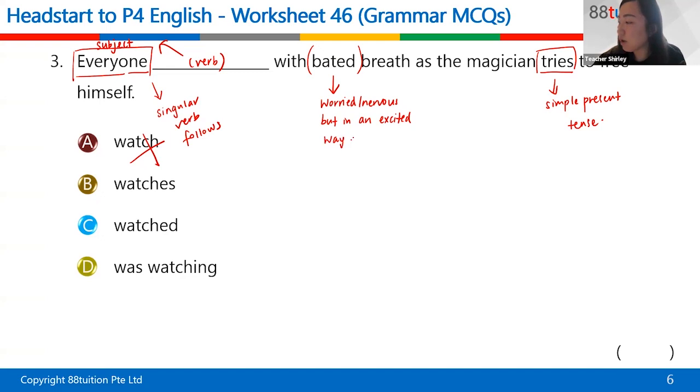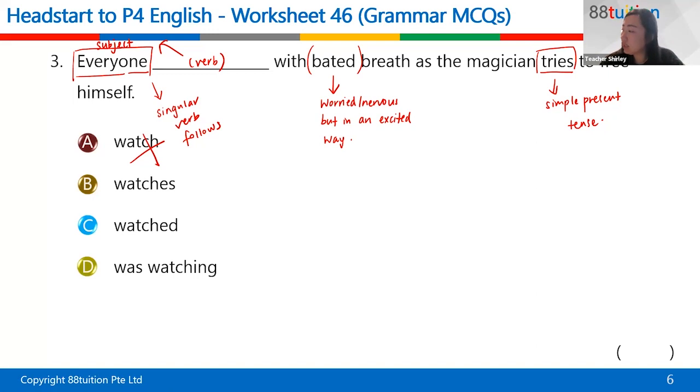Okay, it's like watching a football match, for example. You're a bit nervous about the outcome, but it's not that you're nervous as in really scared, right? It's more of like nervous, but in an excited way. You just want to know what's the score going to be like. So it's bated breath, right?